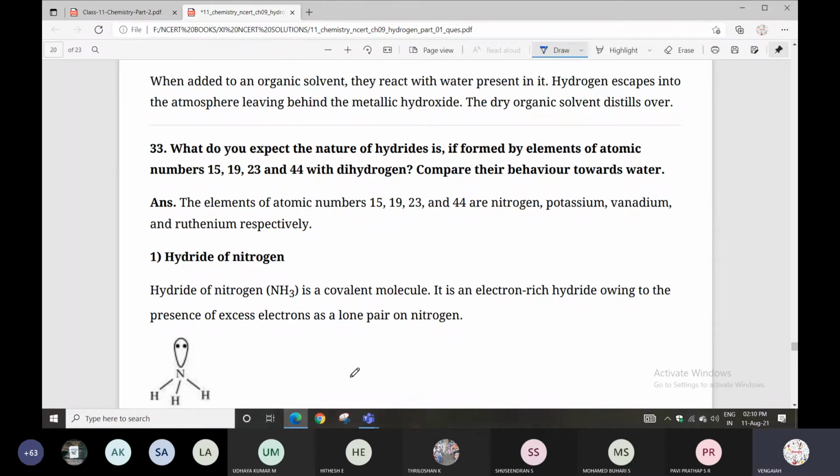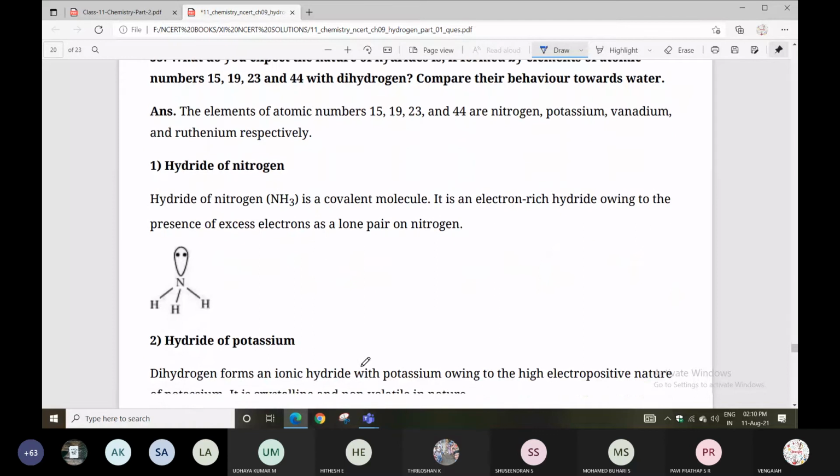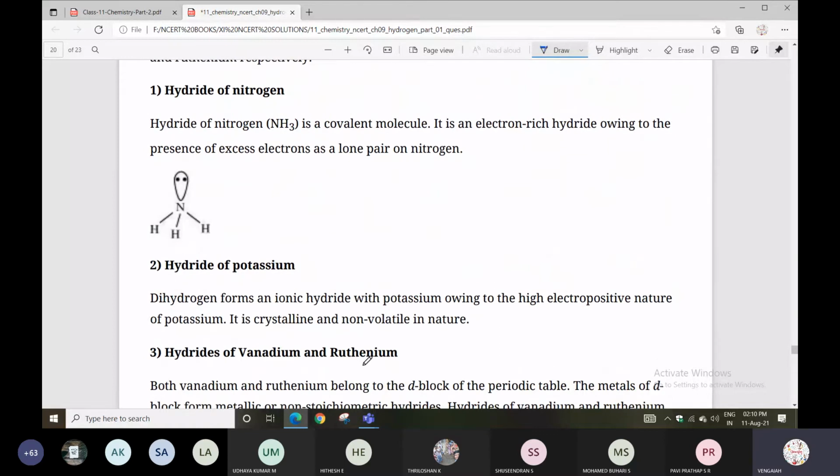Again, listen to the question: what do you expect the nature of hydrides formed by the elements of atomic numbers 15, 19, 23 and 44? Compare their behavior towards water. The hydride is a covalent molecule, electron-rich, with excess electrons as a lone pair on the atom.